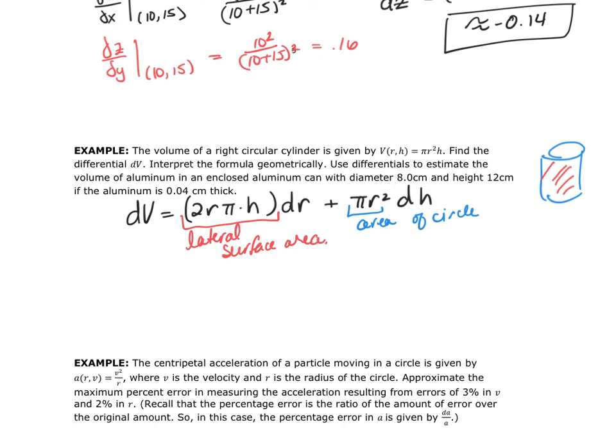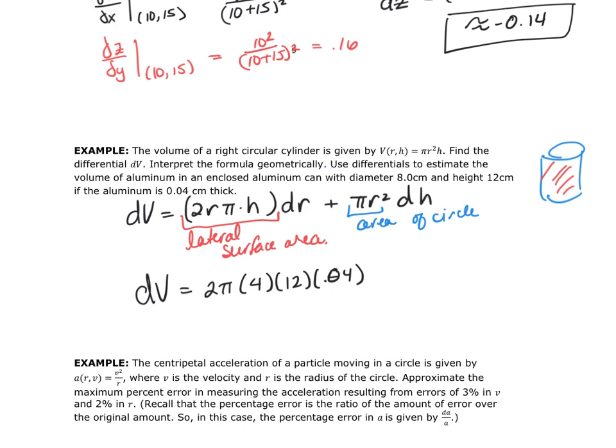My differential is there. Now, if I want to estimate the volume of aluminum that's enclosed in the aluminum can with a diameter of 0.8 centimeters and a height of 12 centimeters, if the aluminum is 0.4 centimeters thick, then my dV is going to be equal to 2 pi, my r is 4, my h is 12, and then my dr is 0.04.